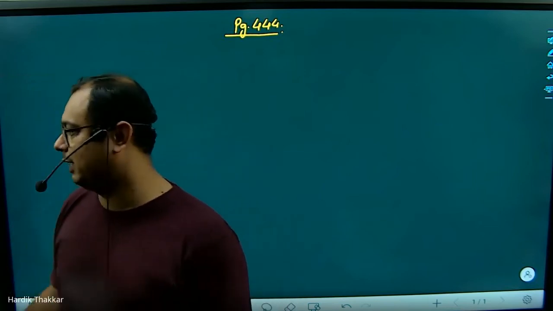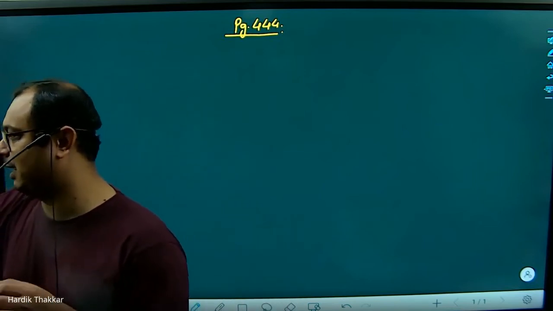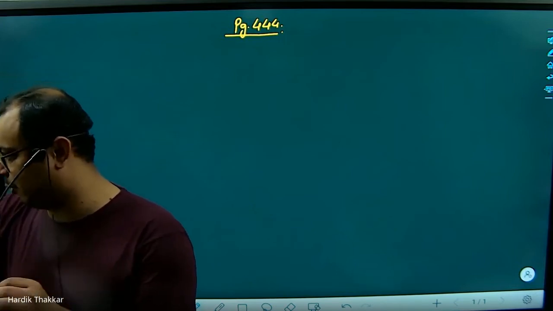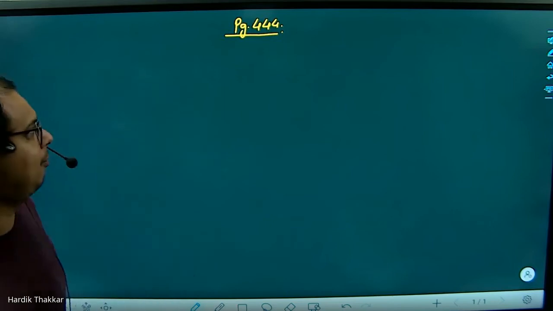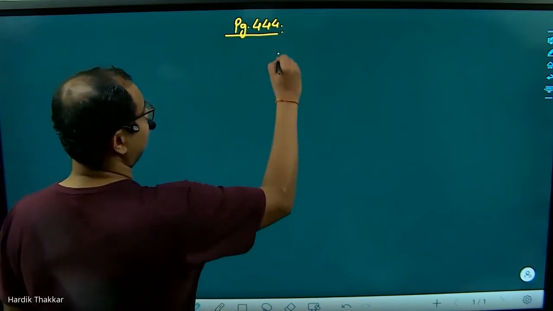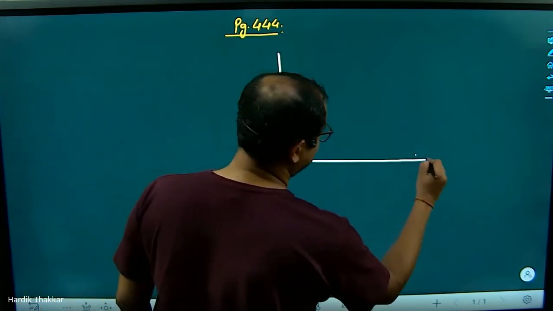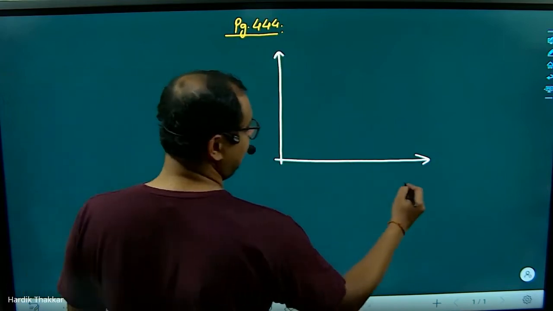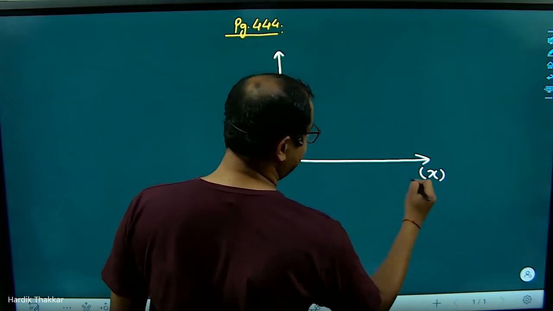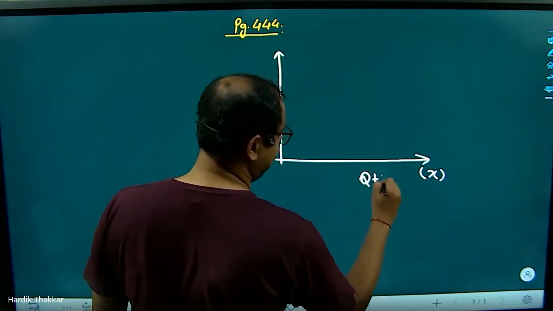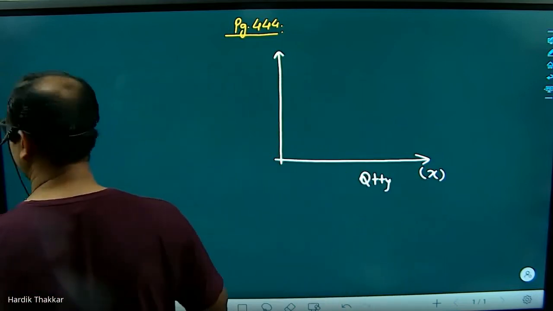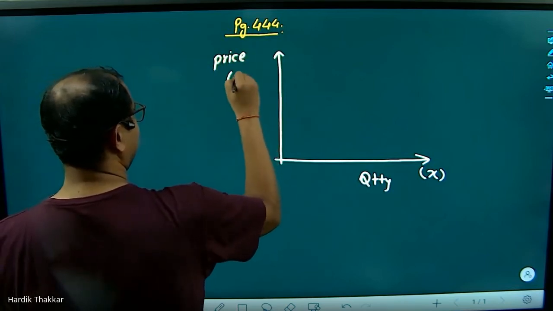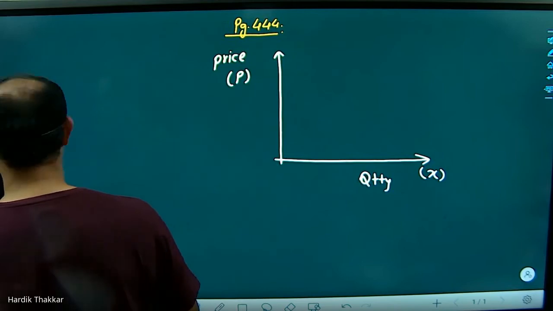For that, first you have to understand the law of demand, which is given in figure 7.5 by using a graph. Here the graph looks like this. The x-axis represents the quantity, represented by x. The y-axis is price, represented by small p.